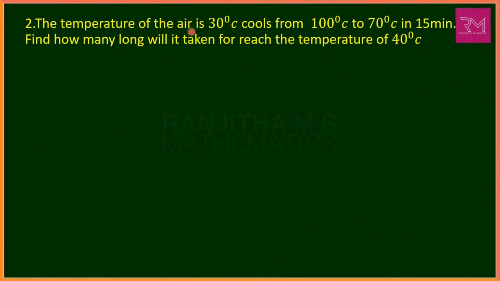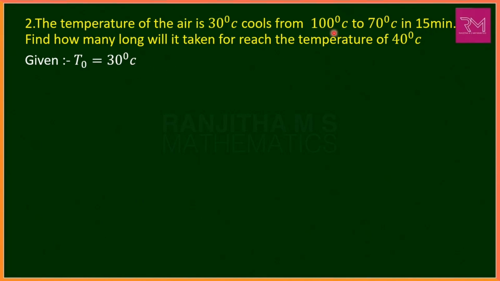The temperature of the air is 30 degrees Celsius. A metal ball cools from 100 degrees Celsius to 70 degrees Celsius in 15 minutes. Find how long it will take to reach the temperature of 40 degrees Celsius. First, take the given data. The temperature of the air is 30 degrees Celsius. That means T0 value is 30 degrees Celsius.